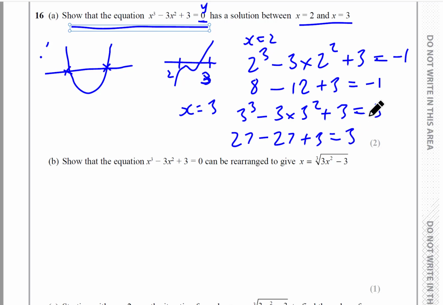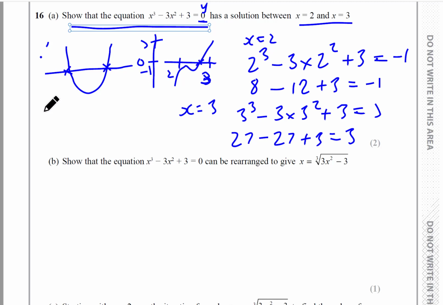equals 3. So what that means is between 2 and 3 the y value goes from minus 1 to positive 3. So it crosses when y equals 0. So this line must cross through 0.